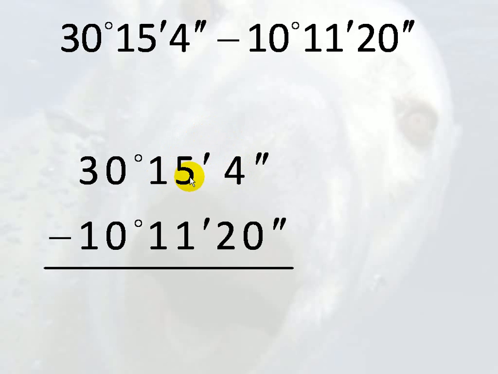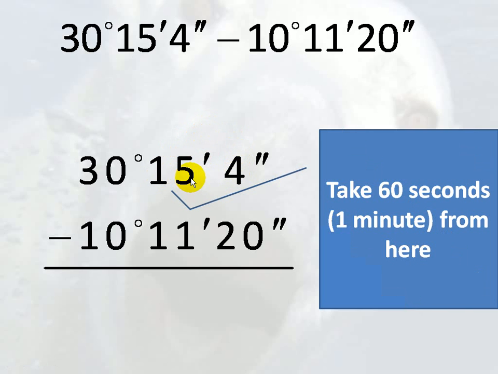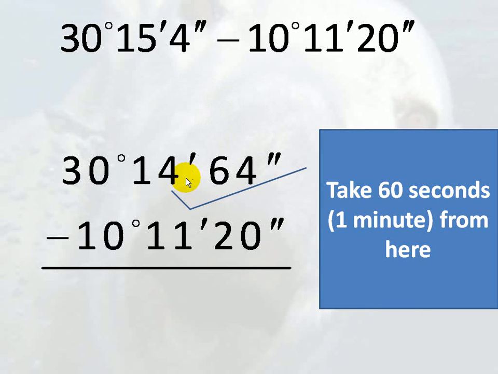So that's what I'm going to do. I'm going to take 60 seconds from here, which is just 1 minute. And there it goes, 60 seconds. And now notice the 15 has been reduced to 14, and the 4 has been increased to 64. Because I took 60 seconds, which is the same as taking 1 minute, now I can subtract.